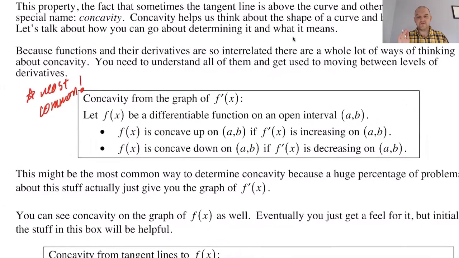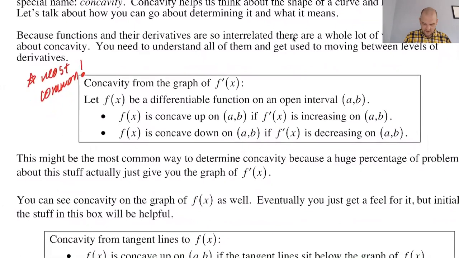If you are given the graph of f prime, you can tell concavity of f of x. How can you tell that? You can tell because f is concave up if f prime is increasing. So if f prime is increasing, that means its derivative, f double prime, is positive. If f prime is increasing or f double prime is positive, f of x is concave up.